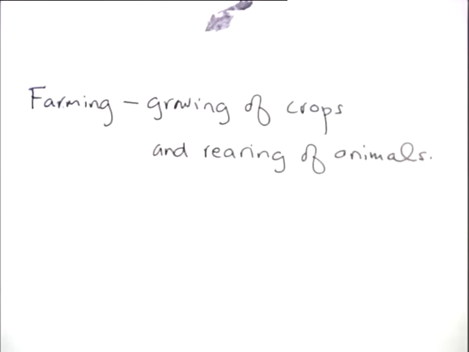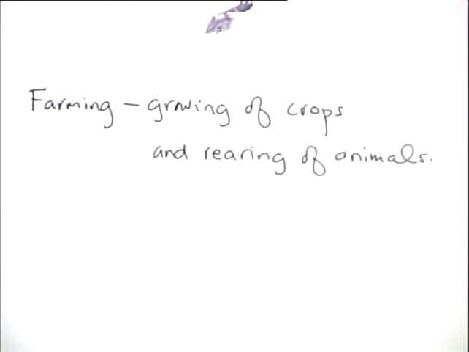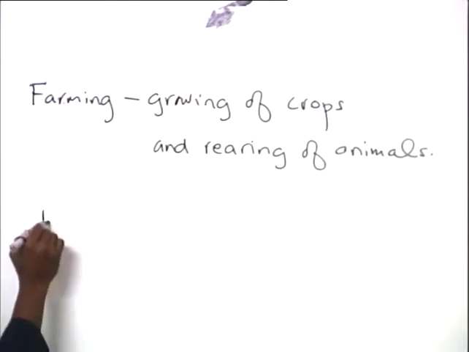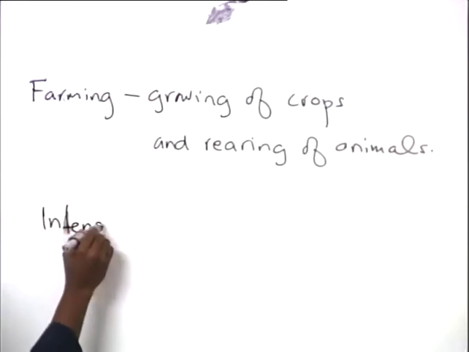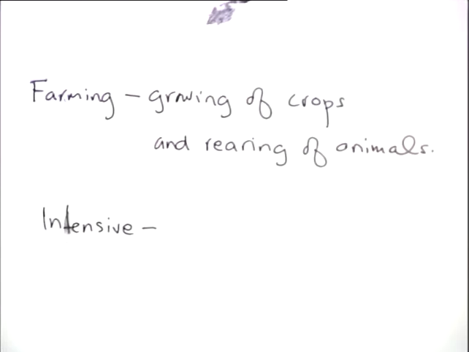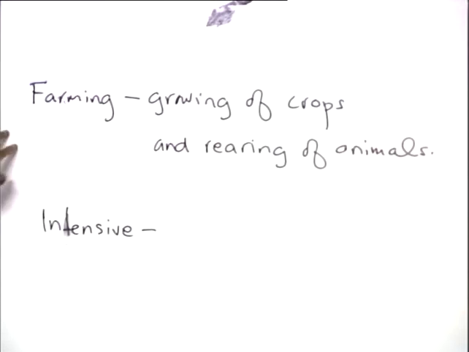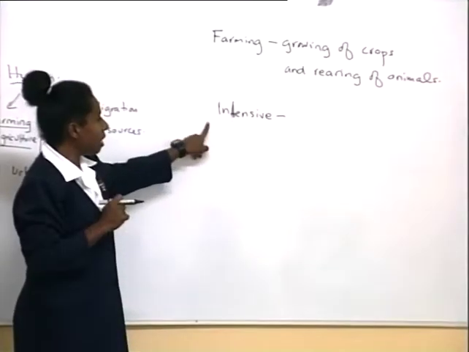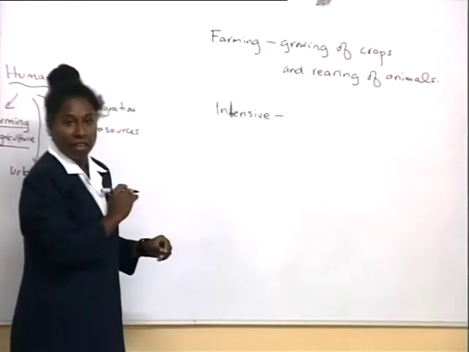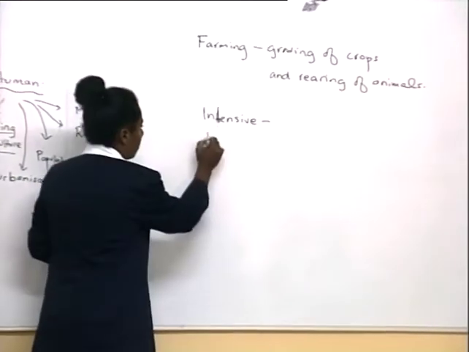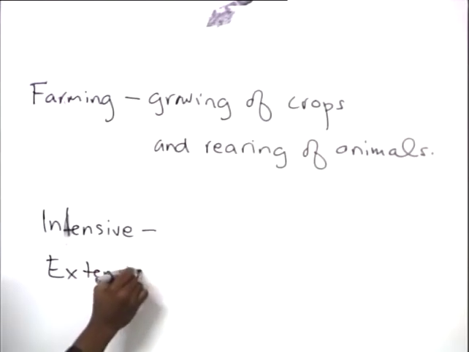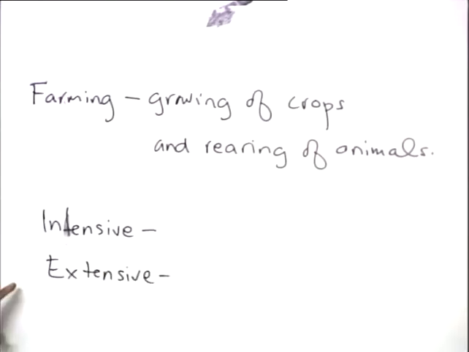In our booklet, it tells us that rice growing is intensive in Indonesia. Intensive is one of the words we can use to describe a category or type of farming. Farming can be divided into many different categories depending on the type of activity that takes place in that area. Farming can be intensive. The opposite of intensive will be extensive. Okay, farming can be intensive, it can be extensive.